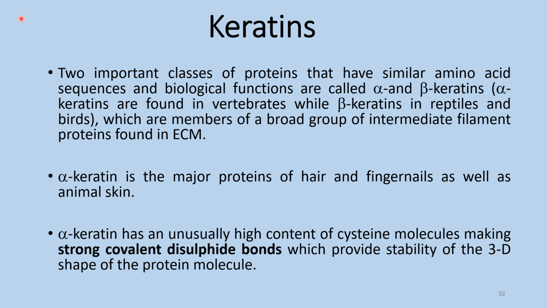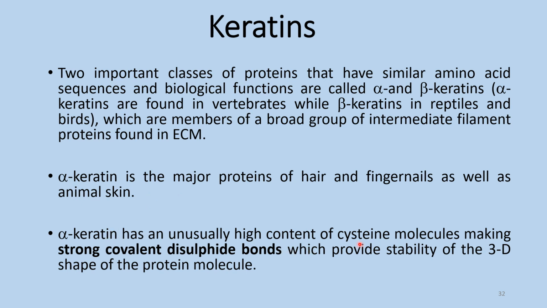Now I start with the keratins, two types, alpha and beta. Alpha keratins are found in vertebrates, while beta keratins are in reptiles and birds. Alpha keratin is the major protein of hair and fingernails, as well as animal skin.